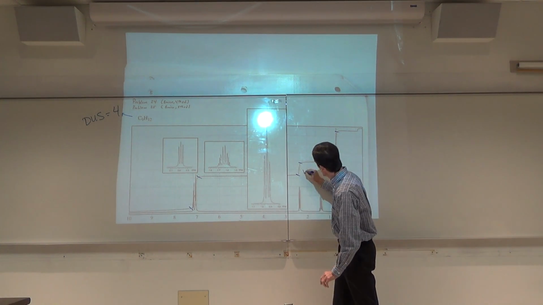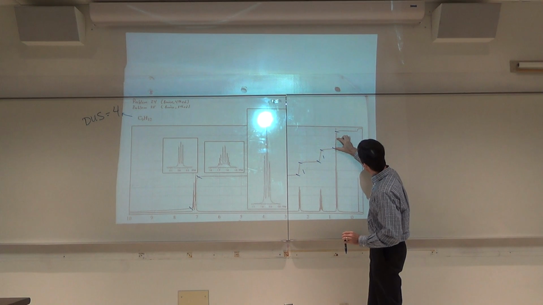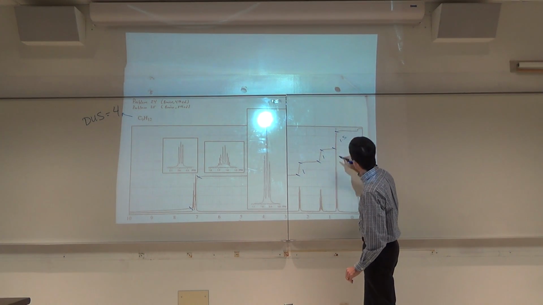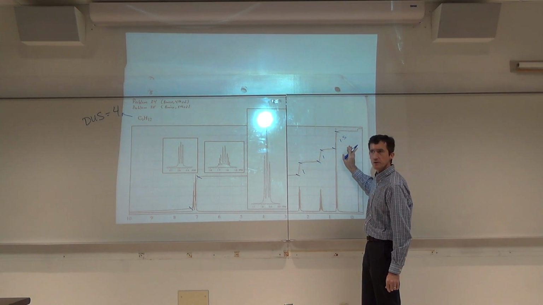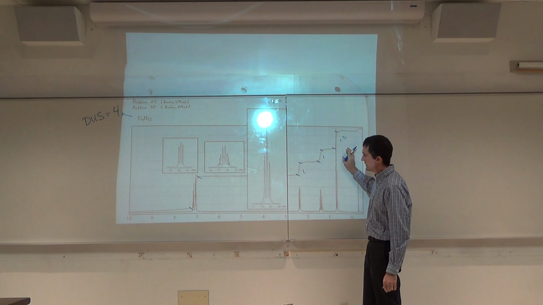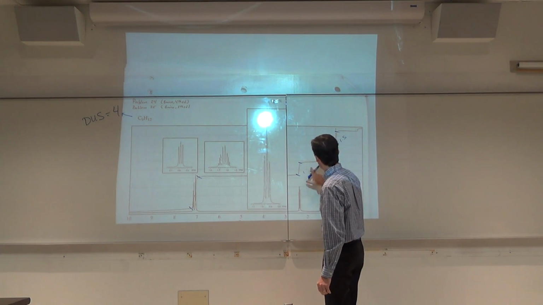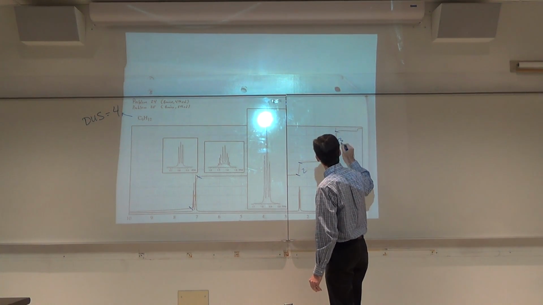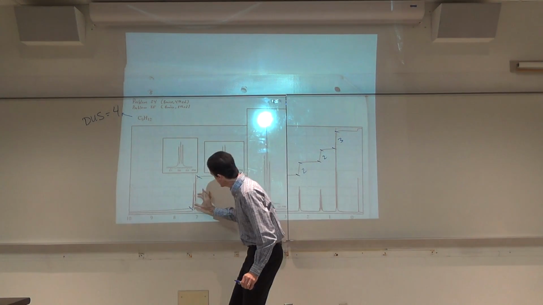So we can maybe go 1, 1, 1, 1.5. But we have problems. You can't have half a proton. Maybe this is 2, 2, 3. And if that's 2, how many is this?